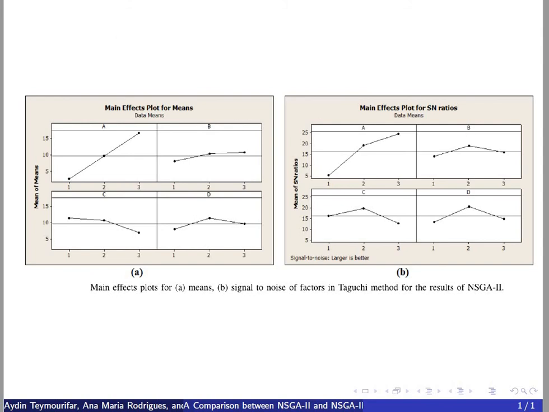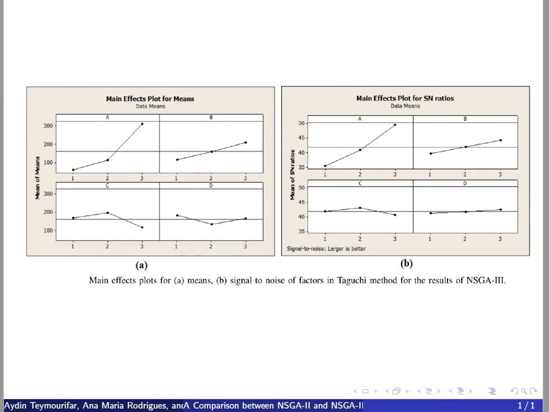And now let's look at the results of NSGA-III.